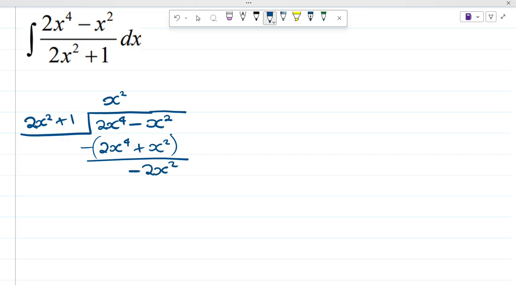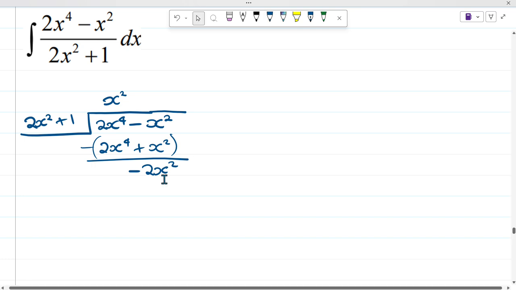And then can we divide again? Yes, we can divide again, because these degrees are equal. We can only stop dividing when this degree is less than that degree there.